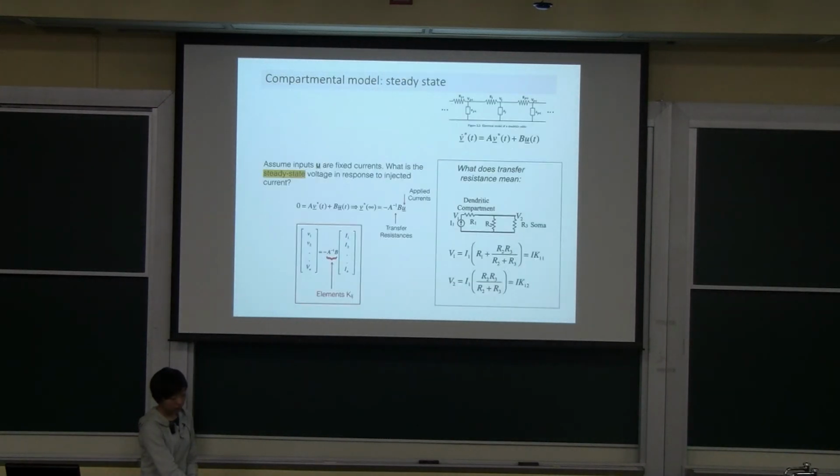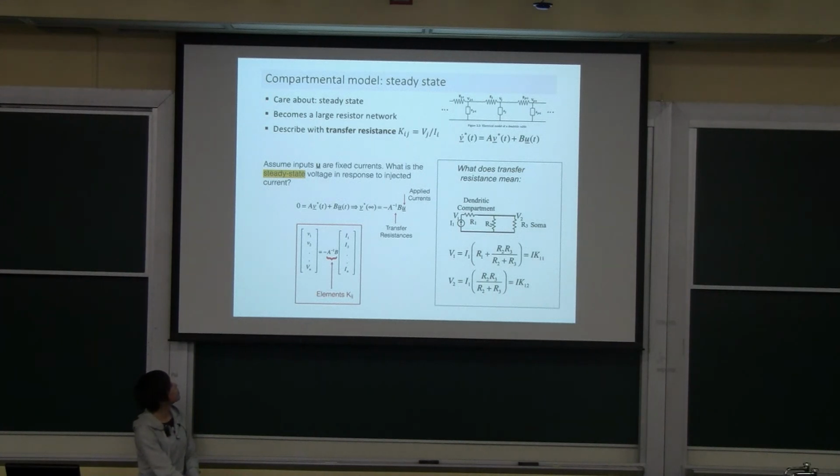Cool. And what you can do with this model is you only care about the steady state. So you can set V dot equals 0, then you can calculate the steady state, which you can describe as V equals a matrix times another vector. And this vector is the injecting current at each node. The elements in this matrix are called Kij.